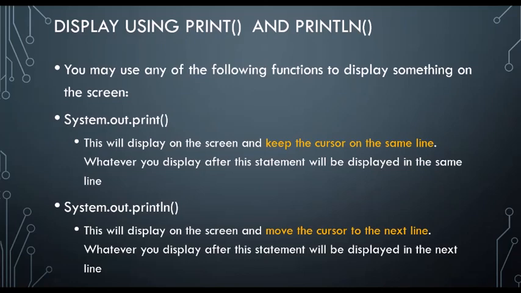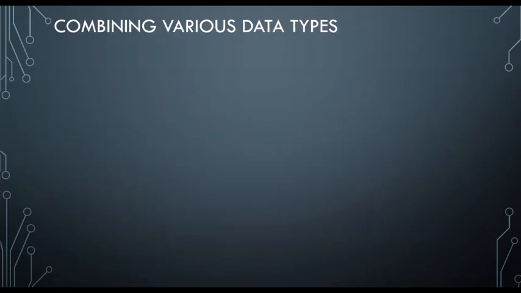The difference between System.out.println and print is that when you give the print statement, it displays something on the screen and keeps the cursor on the same line. So that means if you display anything after print, it will be displayed in the same line, and if you display anything after println, it is displayed in the next line. I think you have done all this, so I am not explaining it any further.